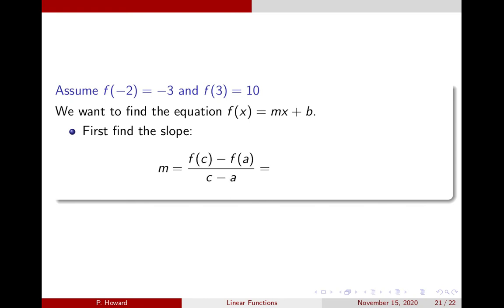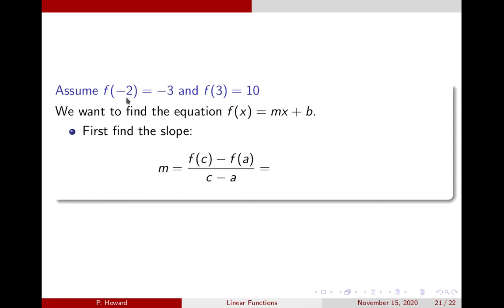The slope is f of c minus f of a over c minus a. F of c is this 10. F of a is this negative 3. C is this 3.